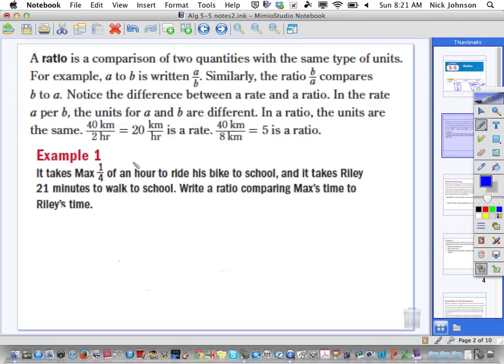Okay? Example 1 says, it takes Max 1/4 of an hour to ride his bike to school. And it takes Riley 21 minutes to walk to school. Write a ratio comparing Max's time to Riley's time. So, we have Max's time divided by Riley's time.